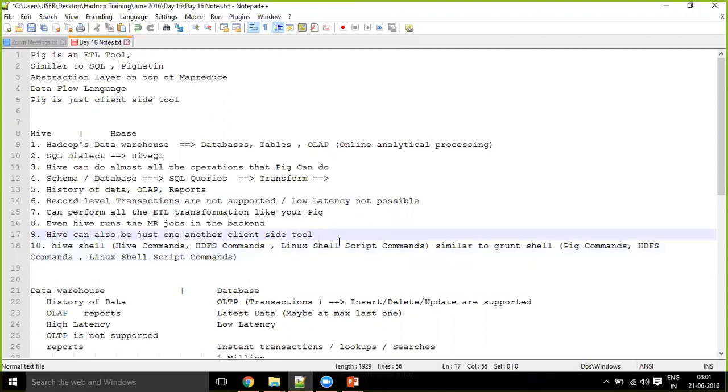Especially when you are accessing through the Hive shell, you can just leave your Hive set up only in the edge node.